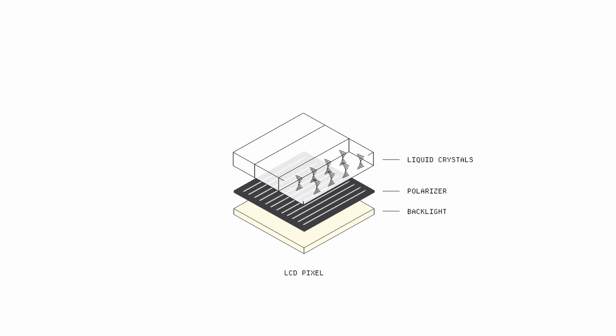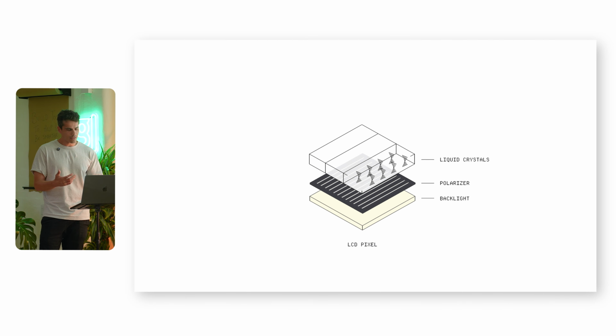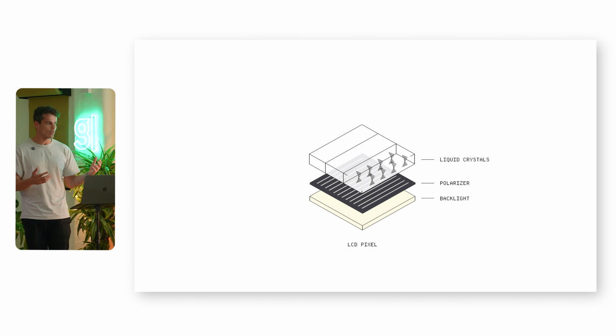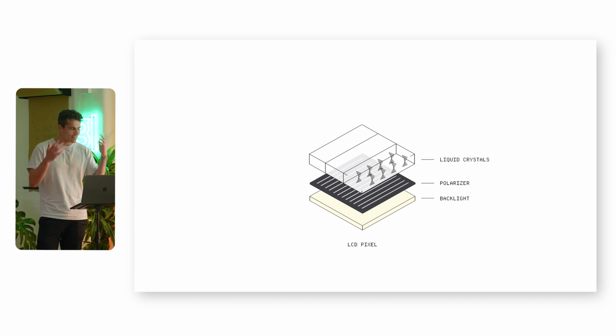The next stage is the liquid crystal stage, and this is one of those things where I just don't actually believe that we figured out how to do this. It doesn't make any sense. But essentially, a liquid crystal is a transparent crystal that can change its structure when exposed to electricity. Just think about it, like, what?